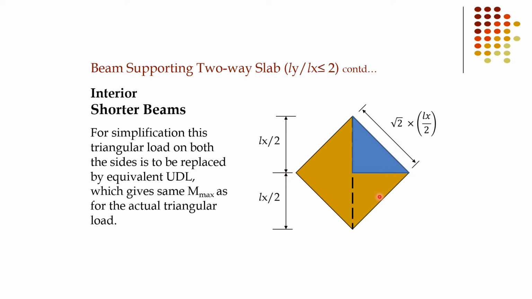This length multiplied by this length will become lx by 2 again whole square, and under root 2 multiplied with under root 2, under root 2 will be cancelled out, so the answer will become 2 into lx square over 2 square. 2 will be cancelled out, answer will be lx square over 2. Okay, this is the total load that will come.